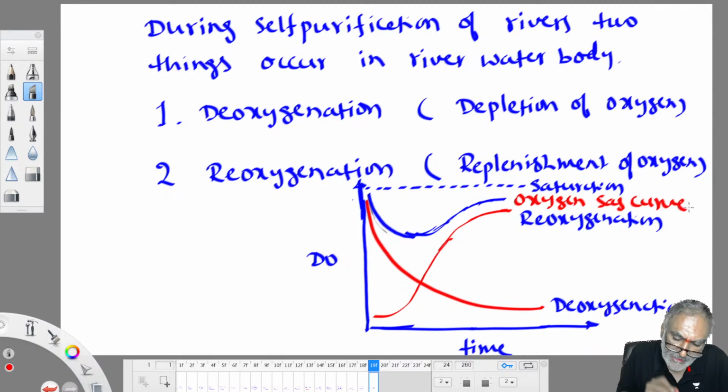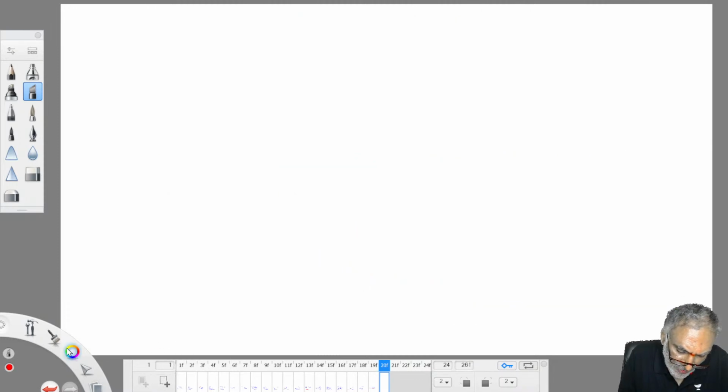The ordinates above the oxygen sag curve give the critical deficit of oxygen at any time t. Right? Initial deficit is this much. This is D naught. Deficit keeps on increasing, then again keeps on decreasing. So this deficit we try to find out. That initial deficit question, one time in GATE exam they asked.